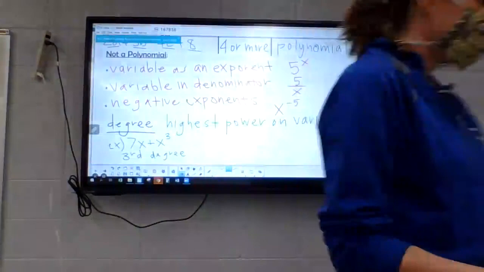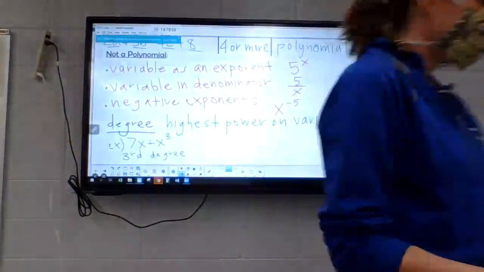So for instance, 5x to the third and 2x to the third would be like terms because they have the same variable x, they have the same exponent on the variable, which is a 3, and they both have variables, so don't worry about the no variable part.